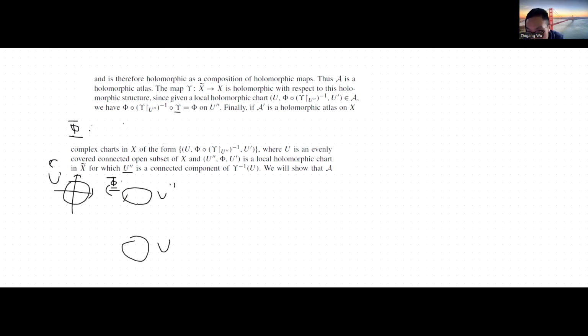On this U double prime, you project it down, map it onto U, and then you do the inverse and get it back, and then you map it by phi. That's exactly equal to that. So we do have this property.